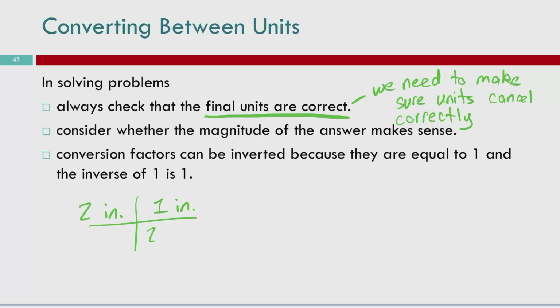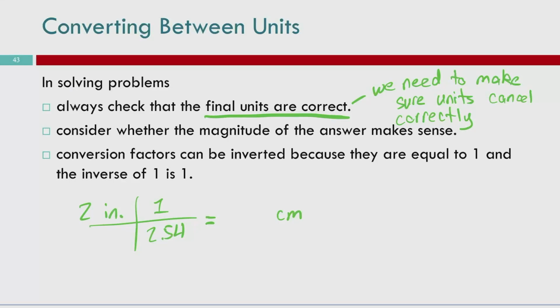So for example, let's say that we forgot to put our units in. If we tried to convert inches to centimeters, and we did this: 2 times 1 divided by 2.54. We left off the units that go with the 1 and the 2.54.